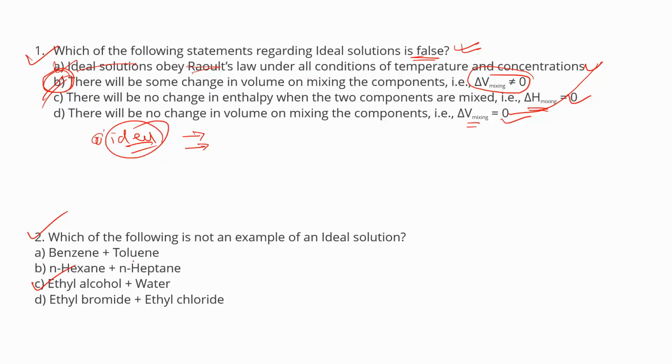When they are miscible, the total volume change, delta V mixing, will be 0. So these compositions obey Raoult's law, and that's why they are ideal solutions. But ethyl alcohol and water do not obey the rules.